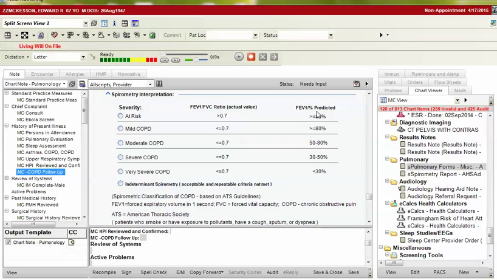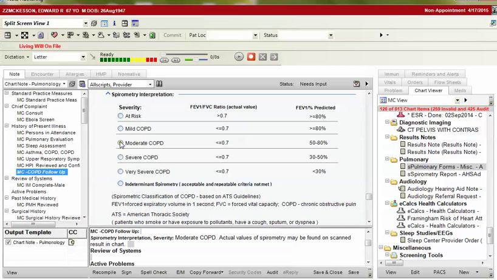If you've determined that, you then go to FEV1 predicted to determine the severity. So say that your patient is less than or equal to 0.7 for their FEV1/FVC ratio, and they are at 50 to 80% for FEV1 percent predicted, they would have moderate COPD, and you would highlight that box.